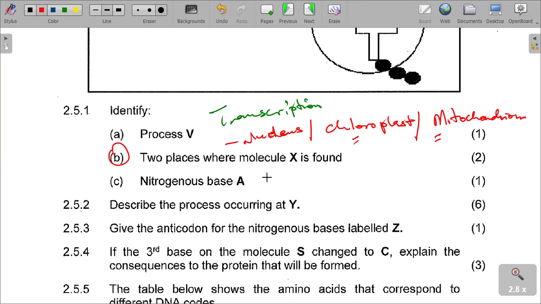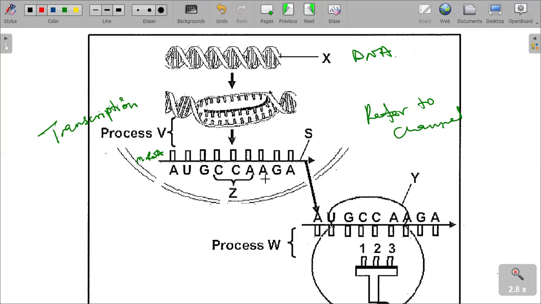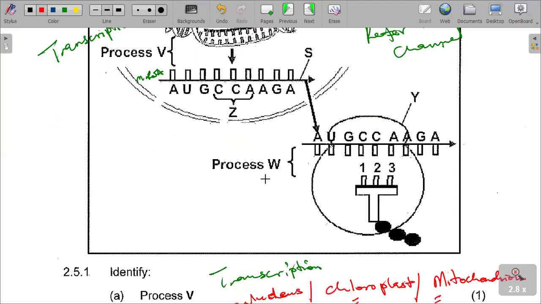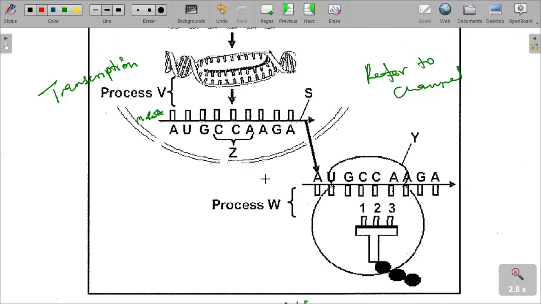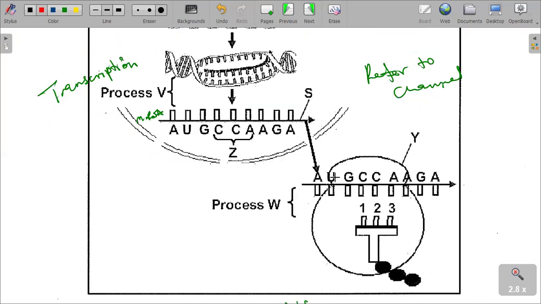And then identify nitrogen base A. Where is A on the diagram there? Our question does not show clearly where A is which they are referring to.